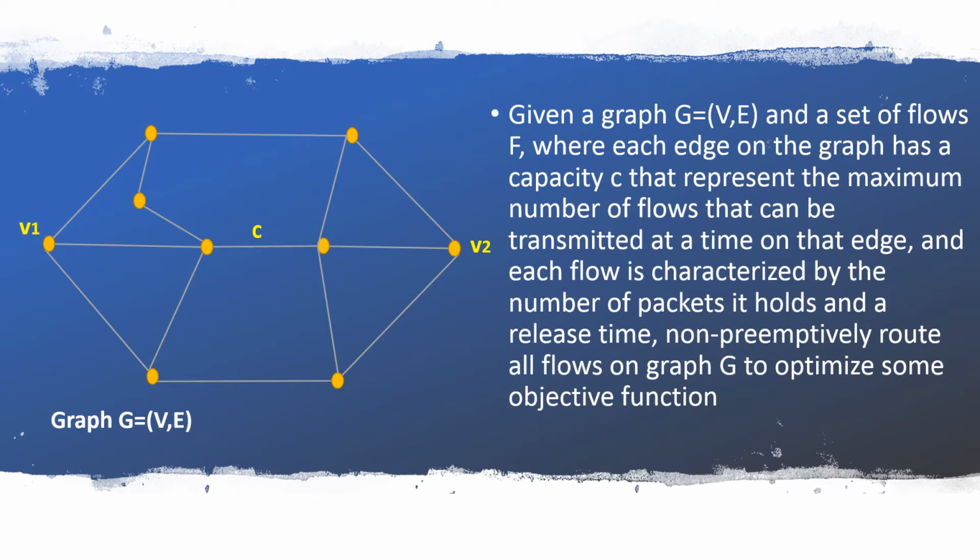And each flow is characterized by the number of packets it holds and a release time. Non-preemptively route all flows on graph G to optimize some objective function.